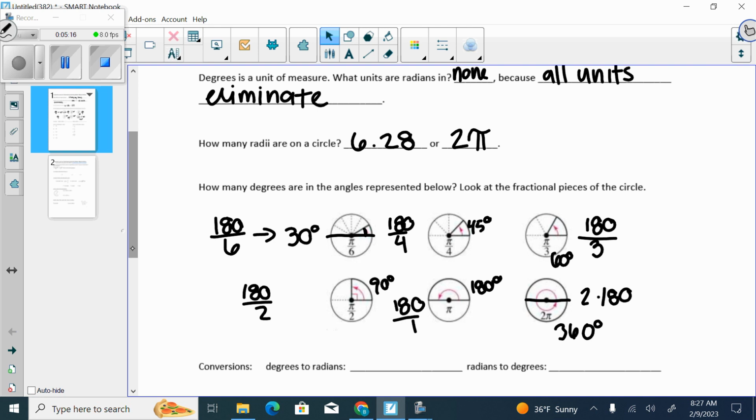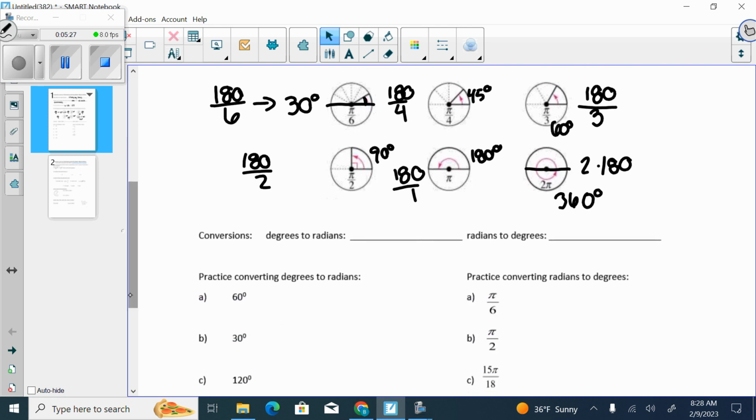So if you know how many sections it's split into, this is what we would do. But basically, our conversion, if you want to go from degrees into radians, which all of these are measured in, so they have a term of pi in them, then you multiply the degree times pi over 180.